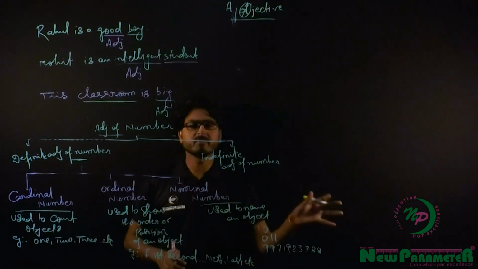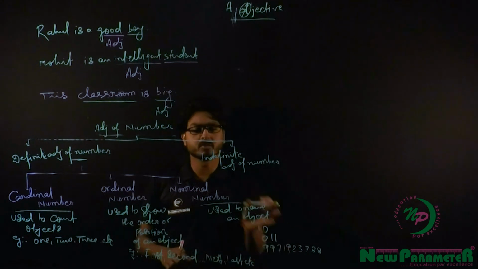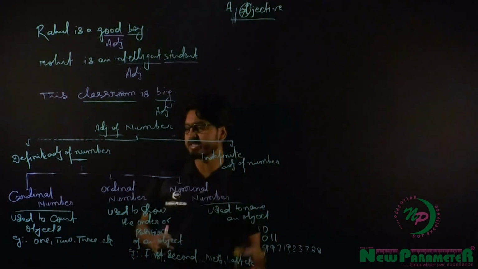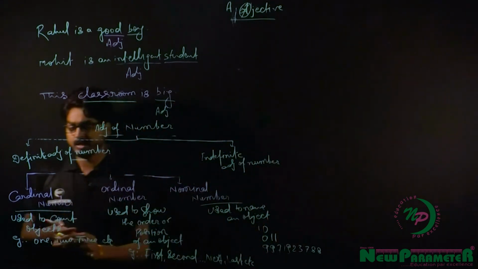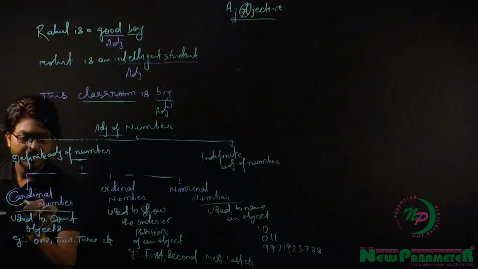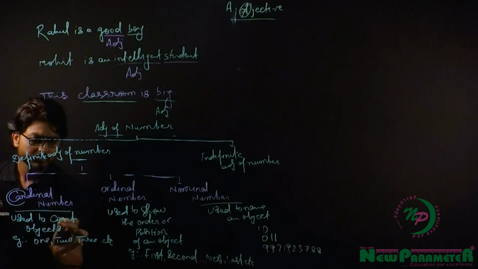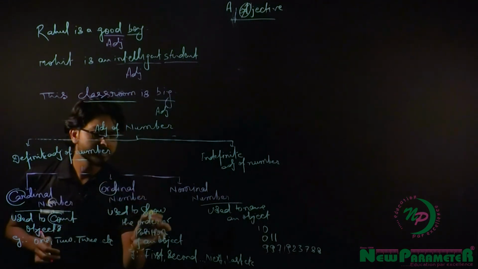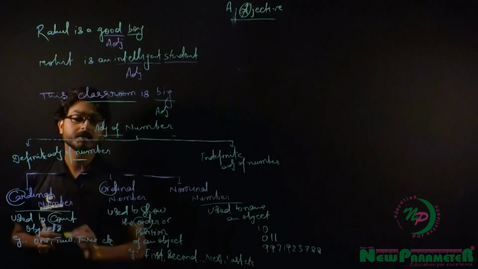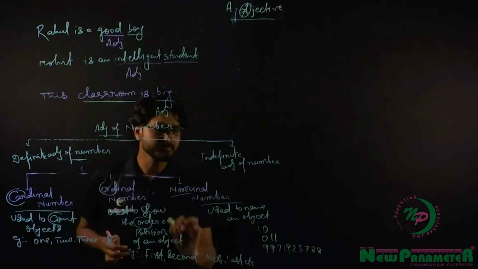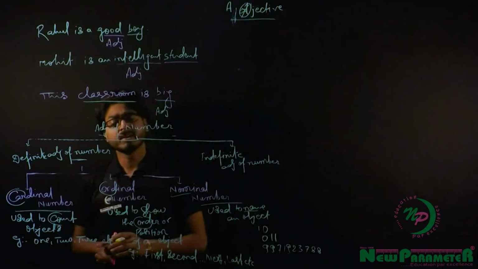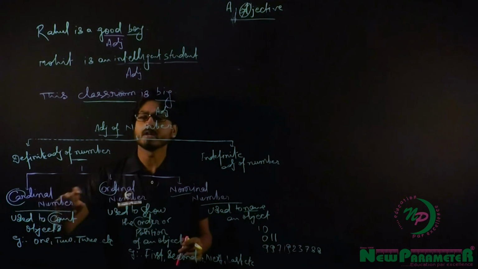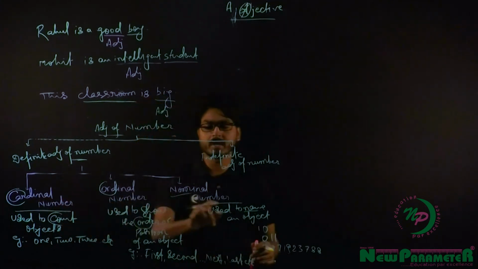So whatever number we use to name a person or thing is called a nominal number. It is very easy to memorize. See, CA means count, ORD means order, NOM means name. We can say cardinal, counting; ordinal, order; nominal, name.